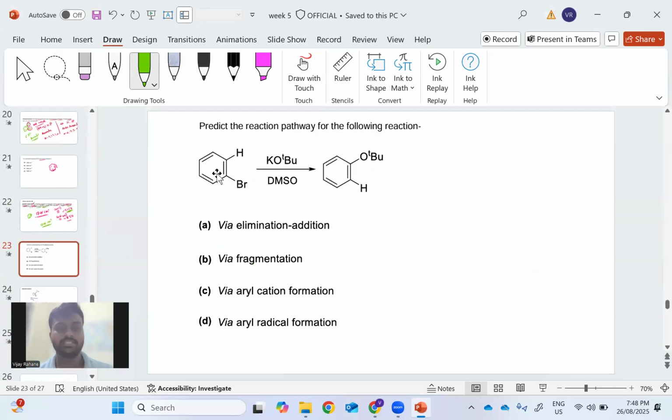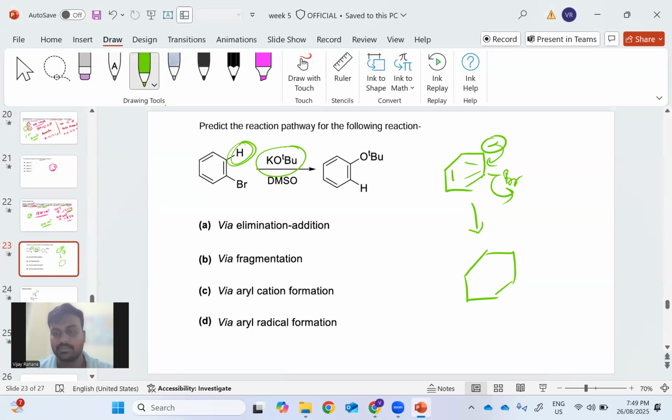Next question, again on the same benzyne intermediate mechanism. In this case, what happens? You have a strong base, and you can see this potassium tert-butoxide can abstract the proton from here. Once it abstracts the proton, it forms a negative charge, and there was a bromide. This bromide then gets eliminated.